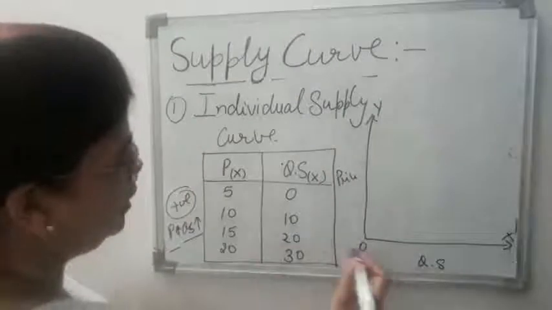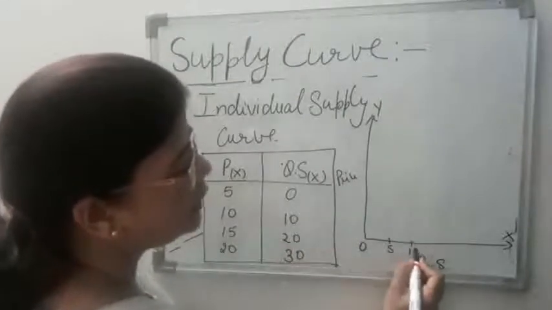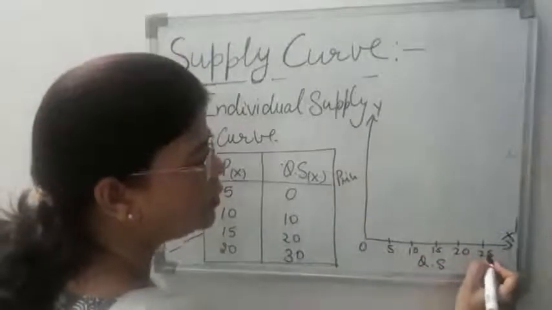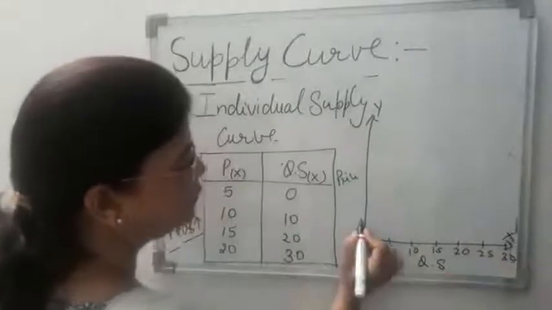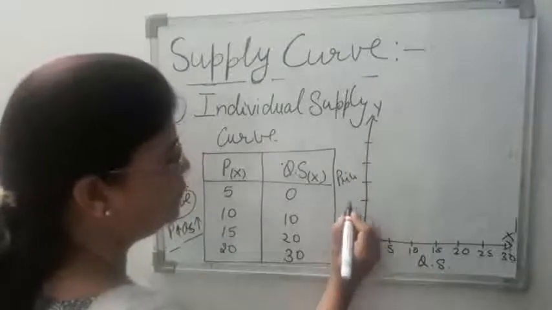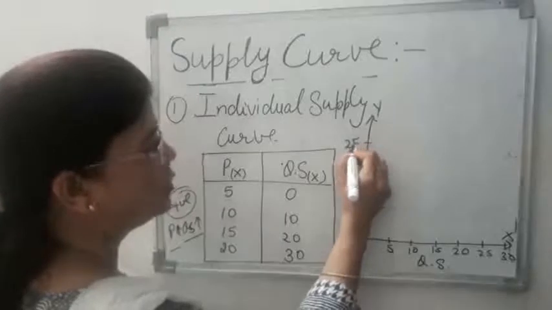So here scale we are taking 5, 10, 15, 20, 25, 30. 5, 10, 15, 20, 25.